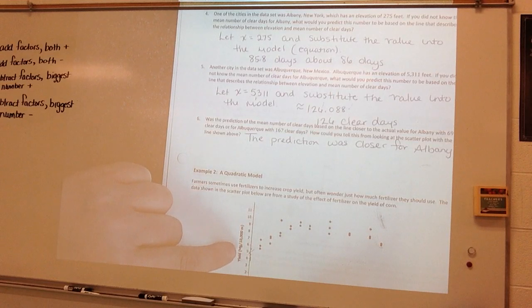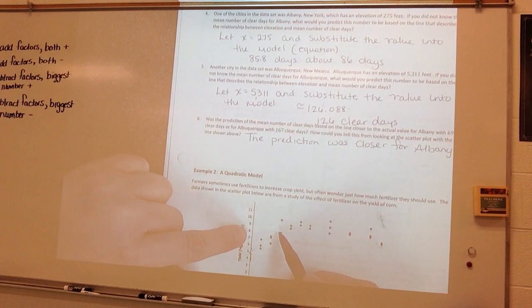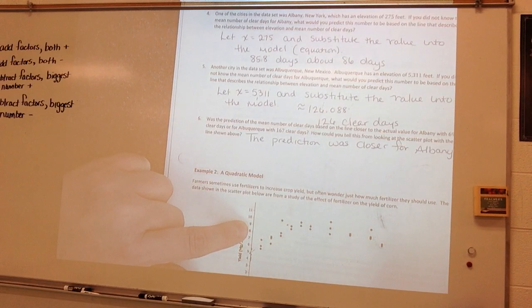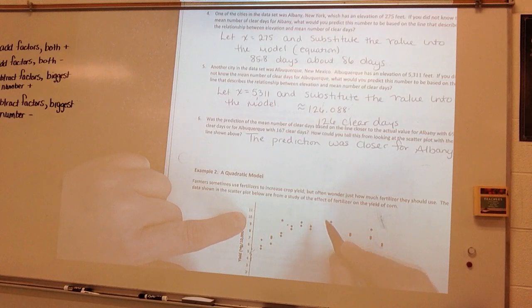When x was 100, it was about 8 and 7/10, so we'll go about right here. Then we've got 200, which was 10 and 7/10. So my curve is going to go about like this.